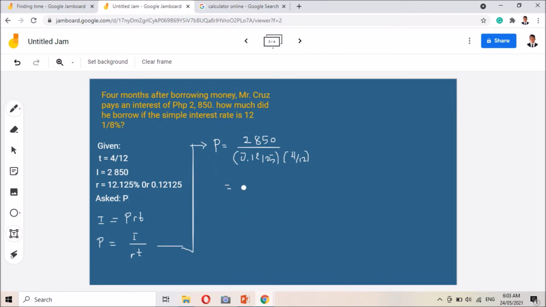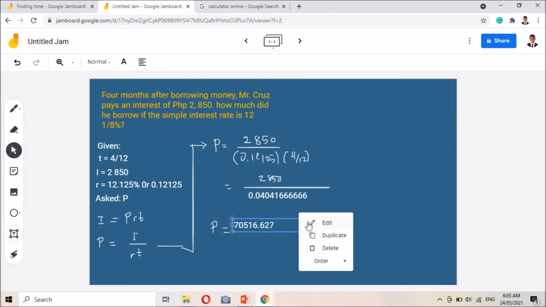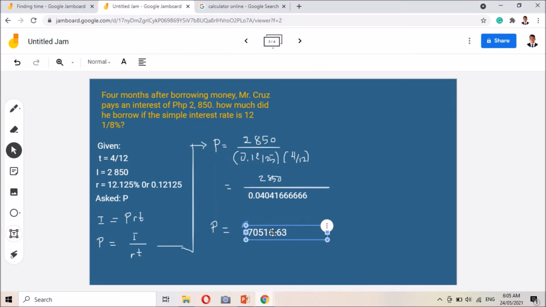Okay, and that will give us 2,850 there. We'll just write it to 2 decimal places, and that is 70,516.63 pesos. Again, don't forget to write the peso sign in your final answer.